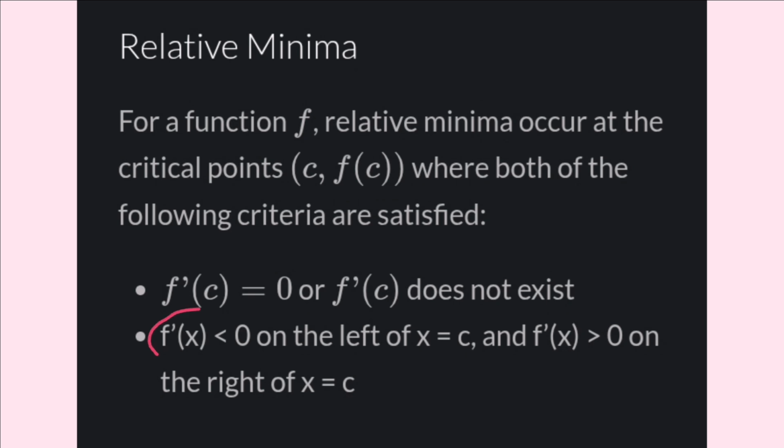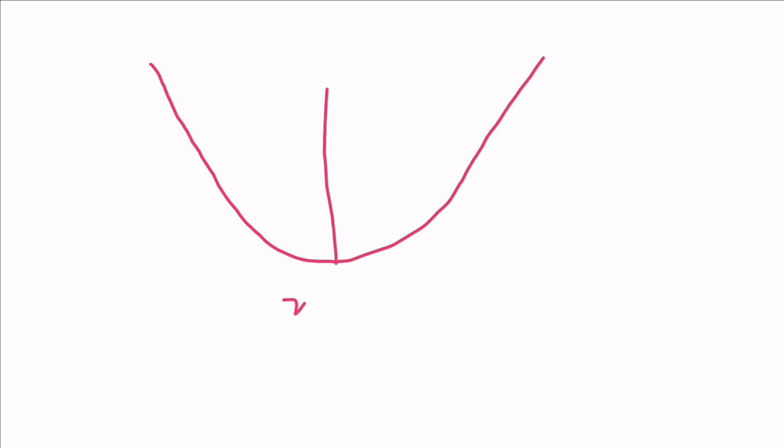First derivative less than 0 on the left of x equal to c and first derivative greater than 0 on the right of x equal to c. So this means that the graphical behavior of this is like this. Let's suppose this is x equal to c.